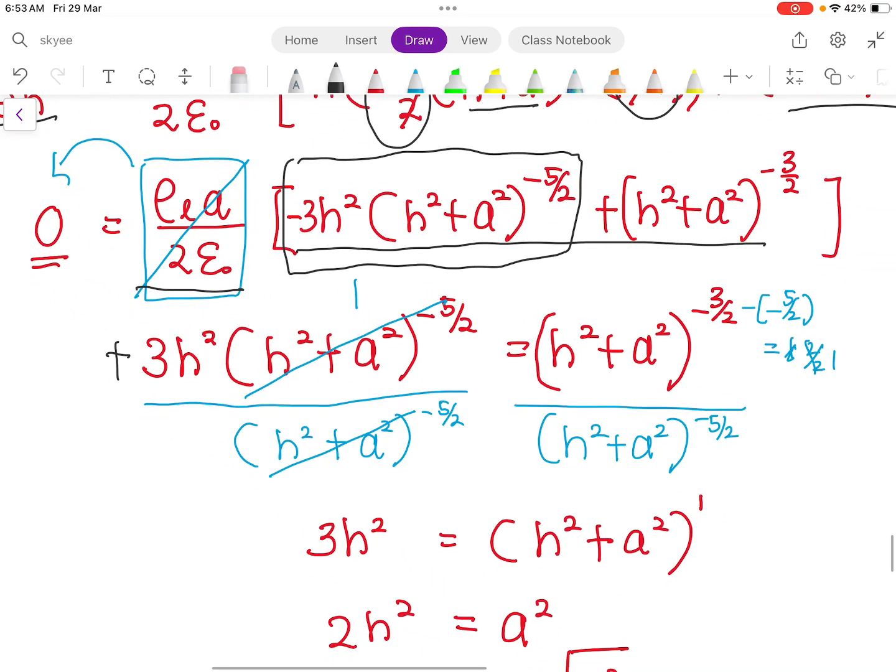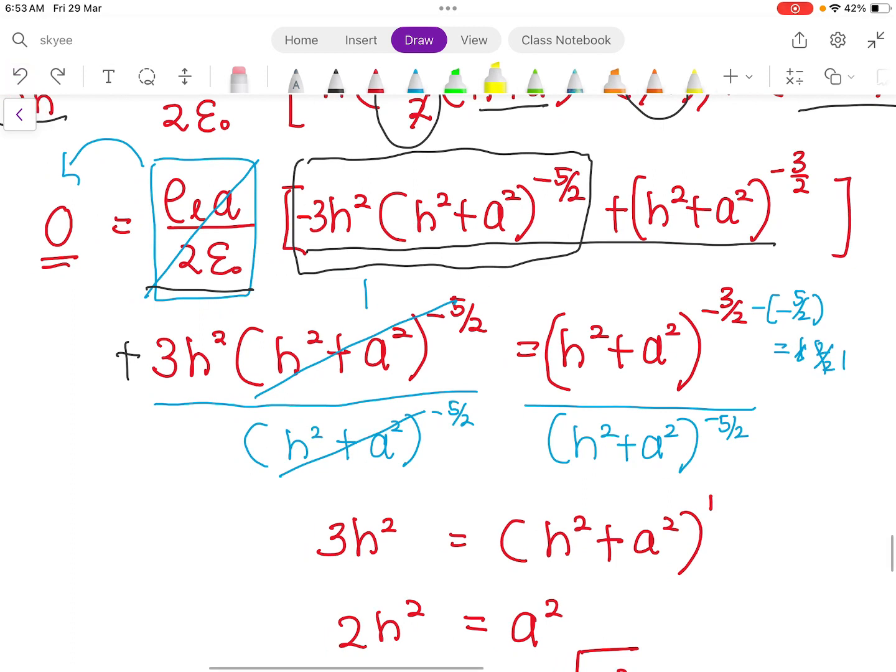In order to simplify this, I divide my left side with this term. And I cannot just divide it at the left side, I have to divide it at the right side as well. So when you cancel it, you are left with 3h square.